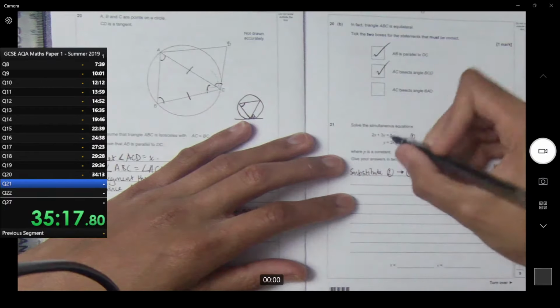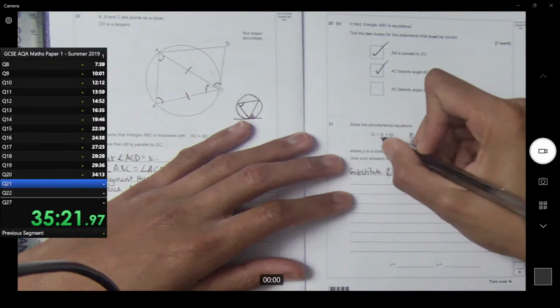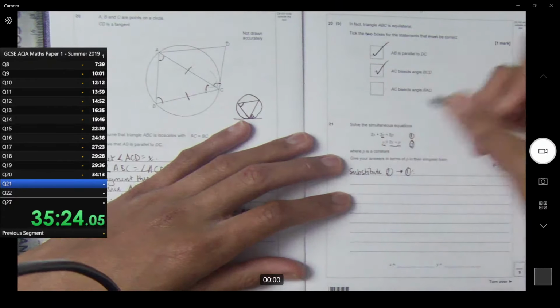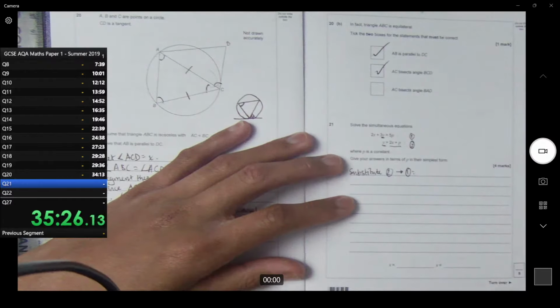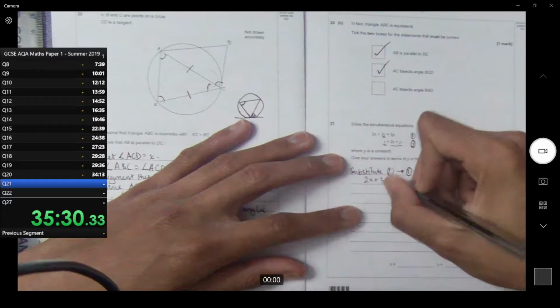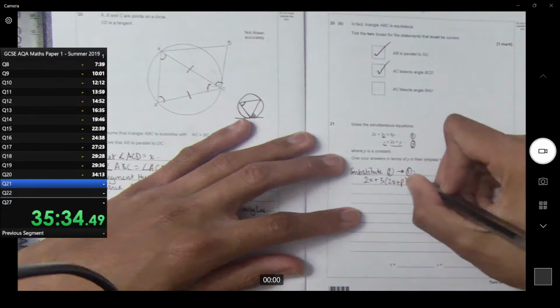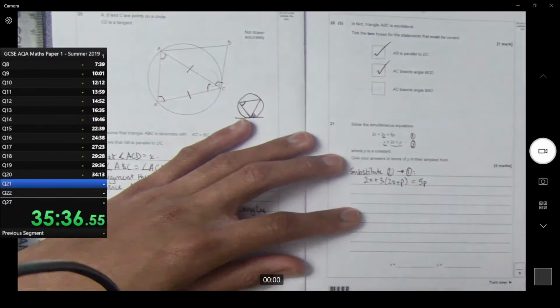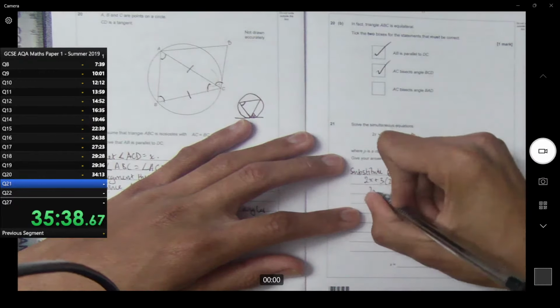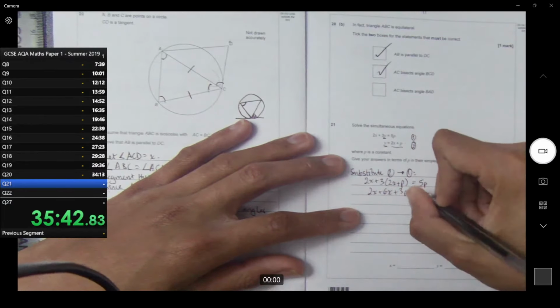So this means I substitute y equals 2x plus p into this equation. So every time I see y in this equation, I replace it with 2x plus p. So that means 2x plus 3 lots of y, but y I'll replace with 2x plus p, it equals 5p. Plus 3p equals 5p.